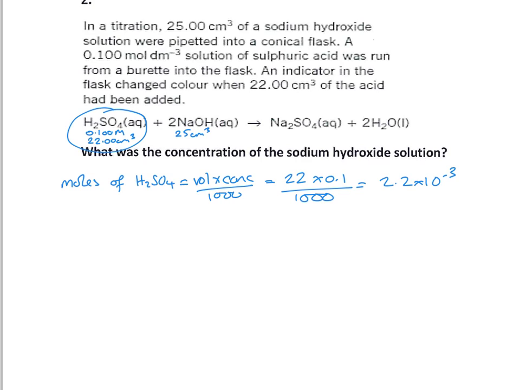Now in this case, it's not 1-to-1, it's going to be a 1-to-2 ratio. So to work out the moles of sodium hydroxide, I need to multiply the moles of acid by 2.